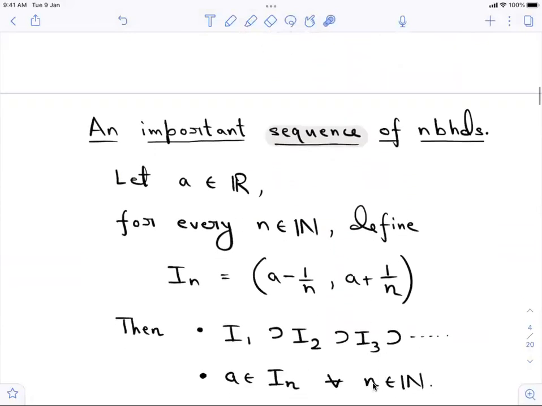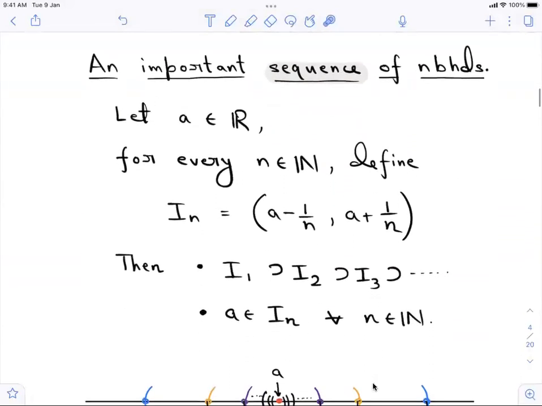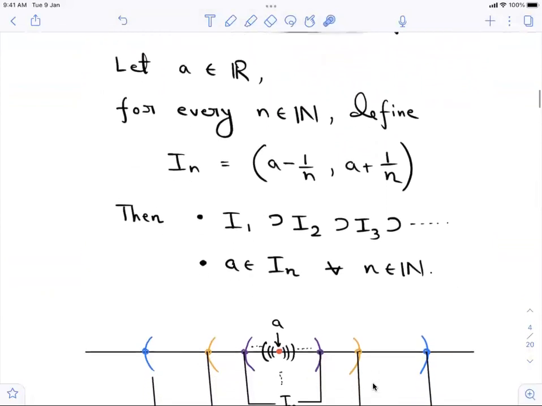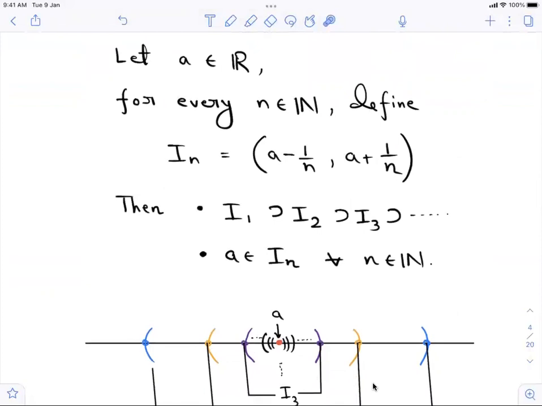A very important class of neighborhoods is the following. I'm going to call this a sequence of neighborhoods because that's how it's going to look. Given a point A, we'll look at this neighborhood In, which is formed by going a length of 1 by n on either side of A. So A plus 1/n, A minus 1/n.